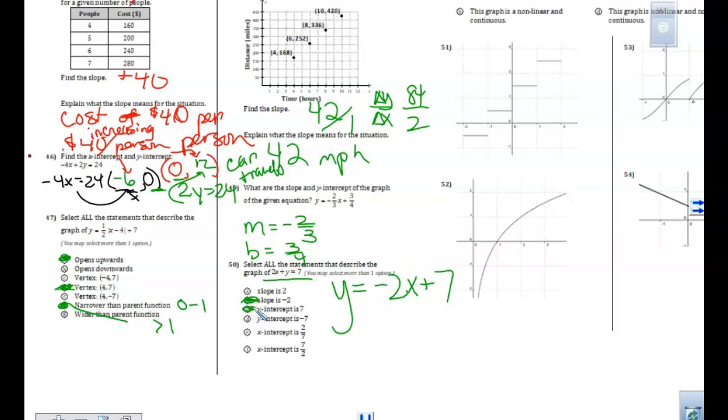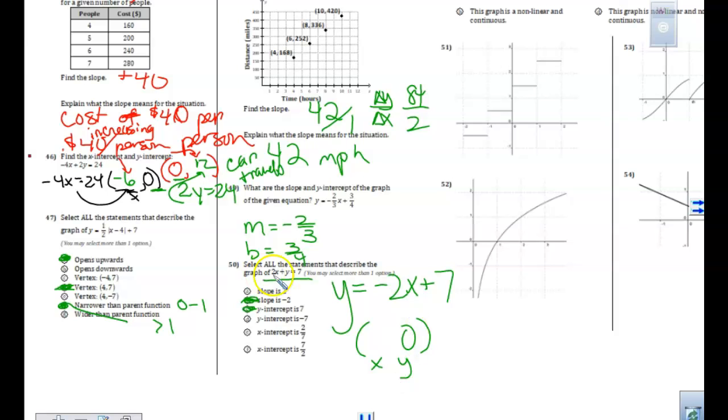And then it says, well, what about the x and y-intercepts, right? We already did the y-intercept, so now we just need to look at the x-intercept. The x-intercept, Nathan, is when which value is 0? Should the x be 0 or the y be 0? The y should be 0.